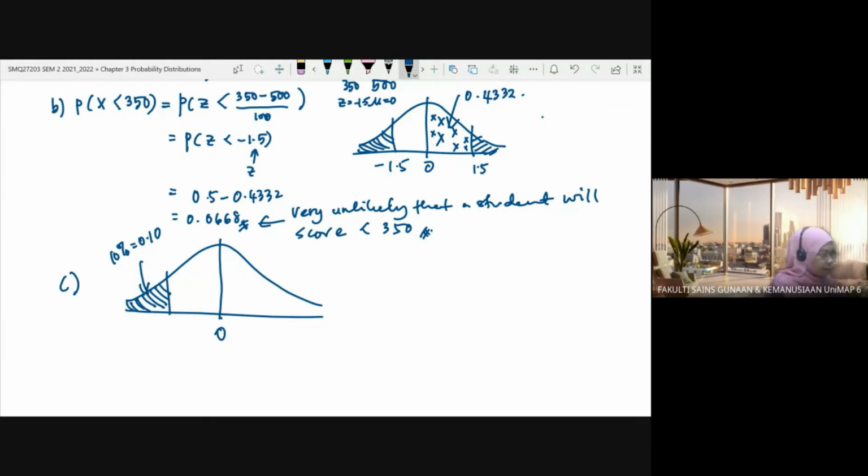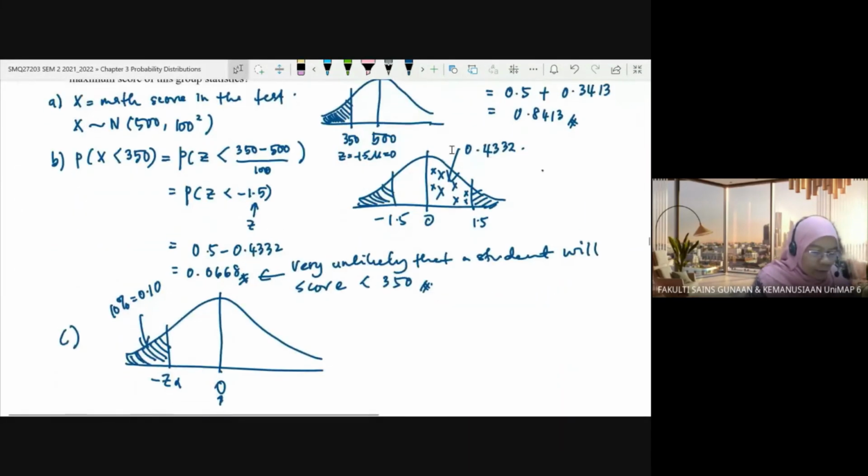Okay, class, then what? You need to find the marks. Where is the position of the mark? This is the mean of the mark if we follow the standard normal. Then the Z alpha will be over here, and in this case we know that this is a negative value. Okay, so how, class? To answer this question, formulate the probability terms.